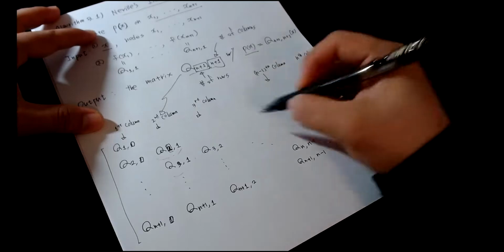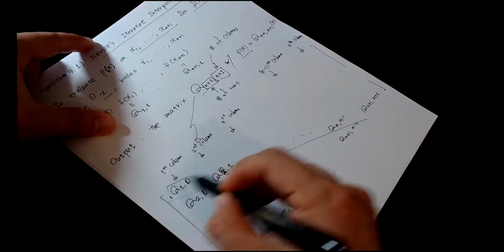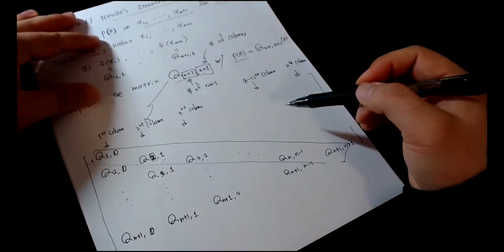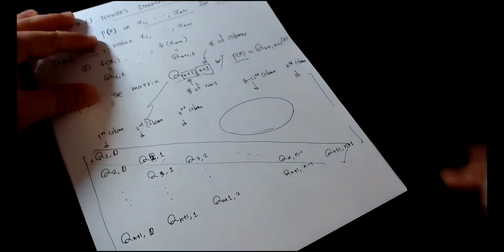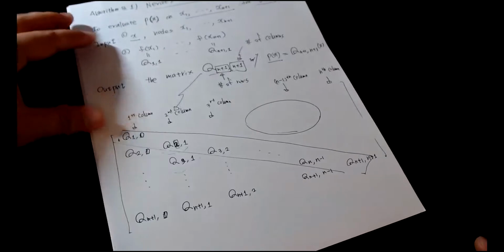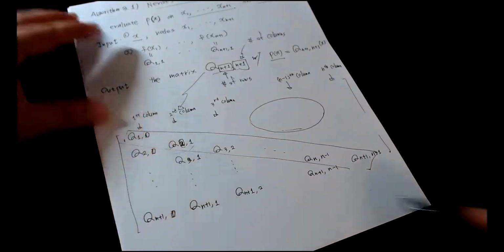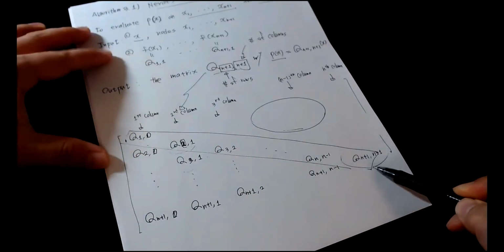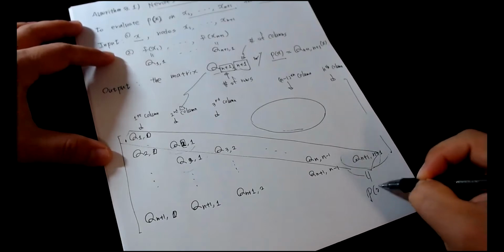These are the diagonal entries, and all the entries above the diagonal are 0. So we want to construct the lower triangular matrix whose diagonal entries are these, and the last entry in the last row and last column is going to be p of x.